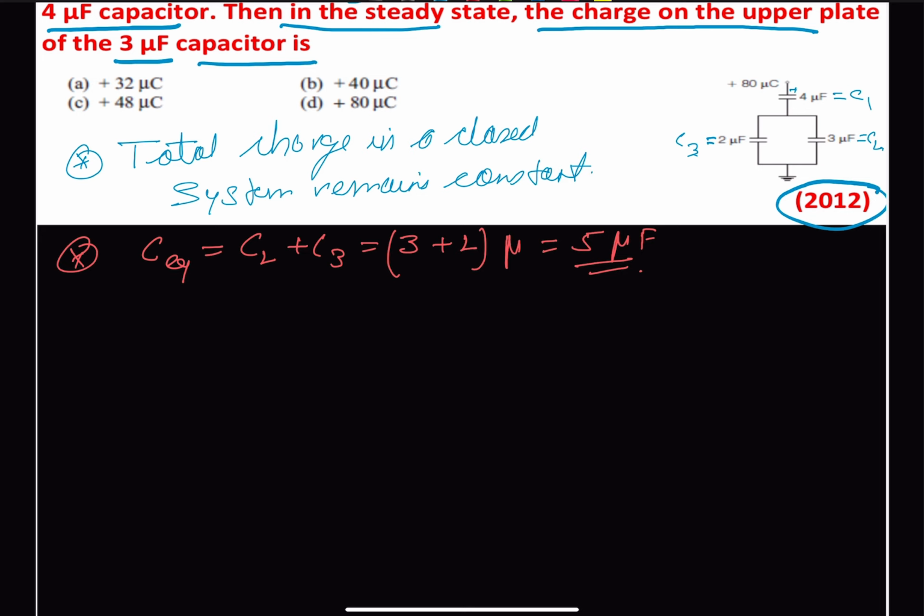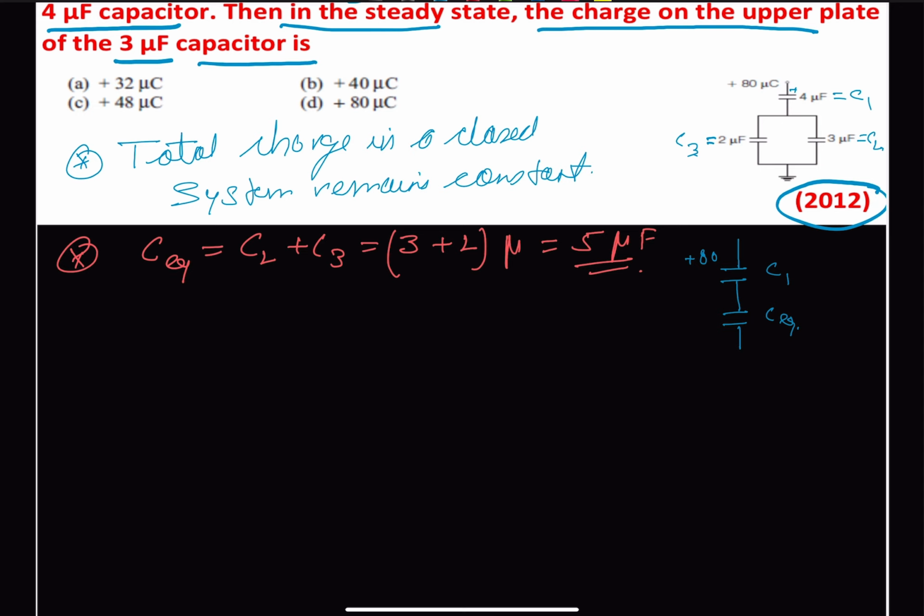Now we can redraw the circuit. This is our C1, and then we have our C equivalent. Here we have plus 80 microcoulomb.